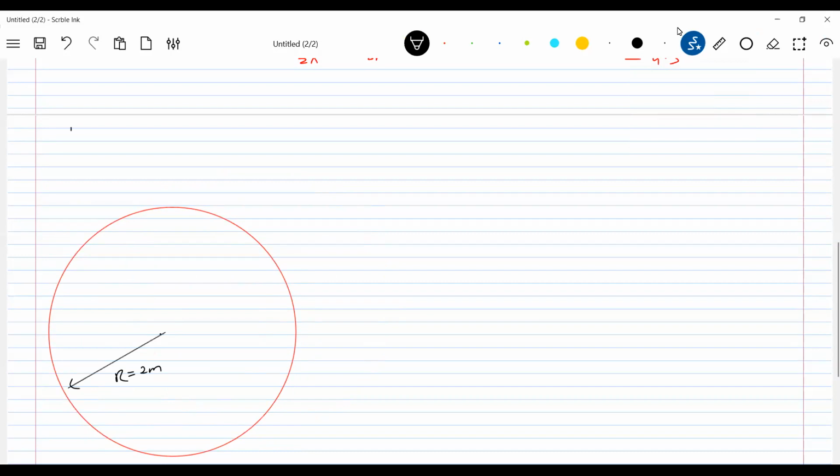I'll give the initial tangential velocity as 3 meters per second, and let it have constant angular acceleration of 2 radians per second square. At t equals 0, this is the velocity.